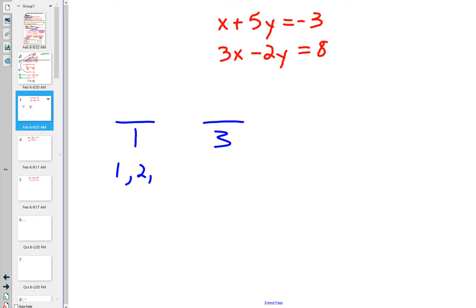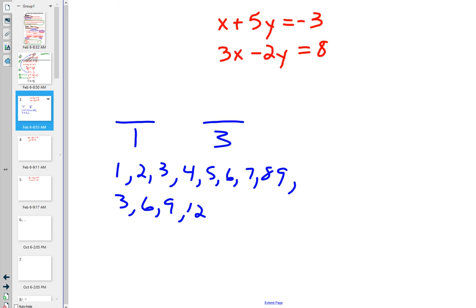Count by ones. 1, 2, 3, 4, 5, 6, 7, 8, 9. And then count by threes. 3, 6, 9, 12. What's the first number they have in common? 3. So if the x's are going to match, they need to match at 3. The bottom x is already a 3, so I don't have to touch it. But I have to change the top x to make it into a 3.